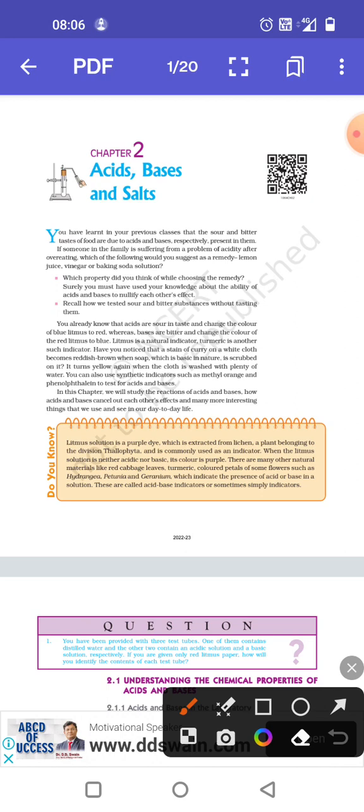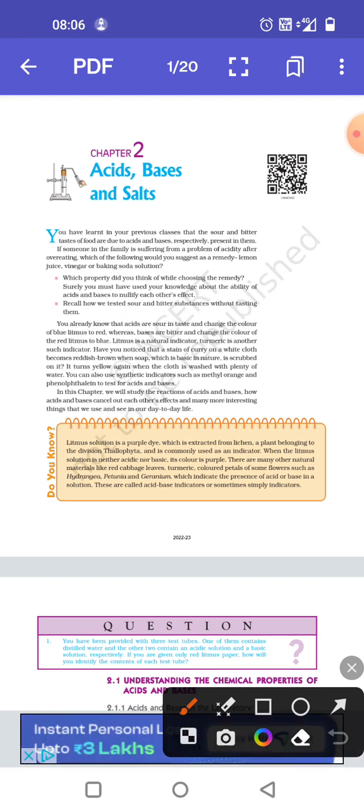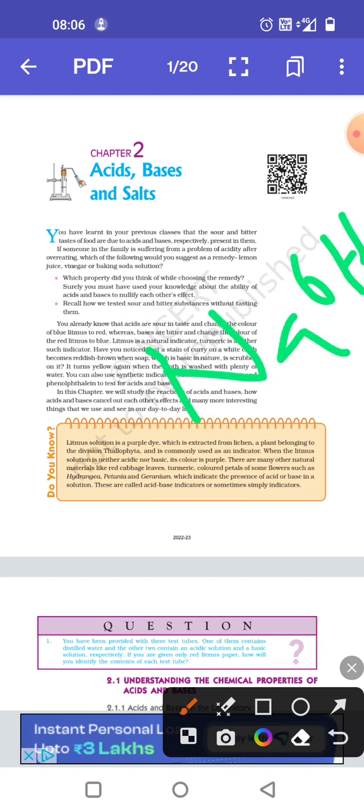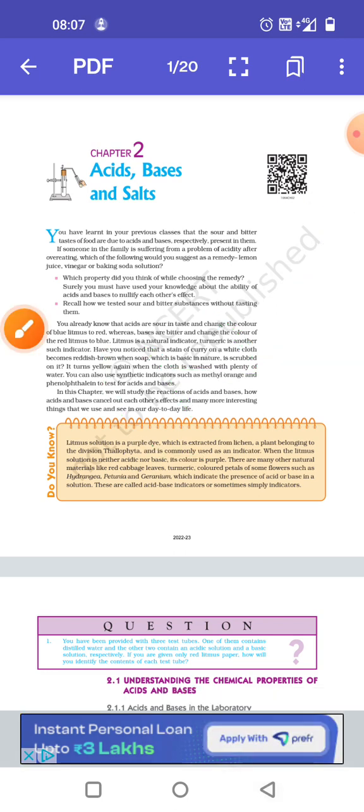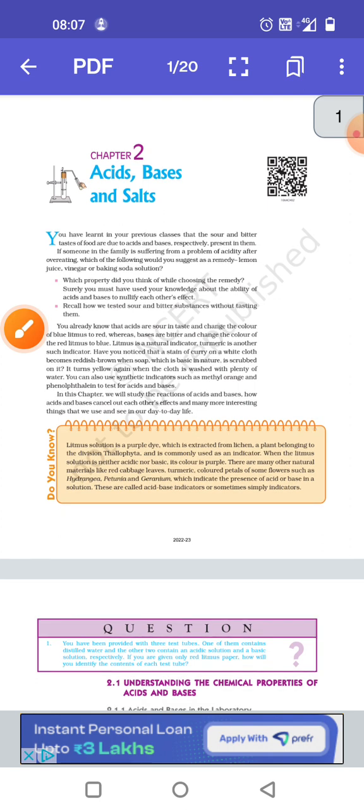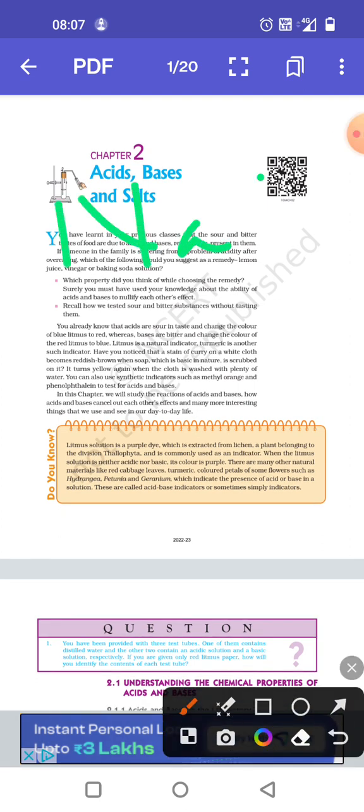So according to Arrhenius, how can you know whether the solution is a base? We have some bases like NaOH, that is sodium hydroxide.